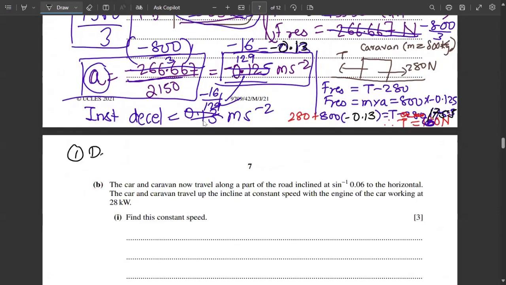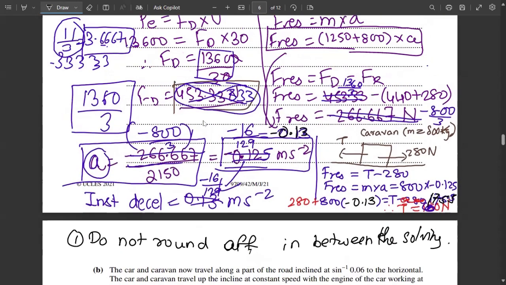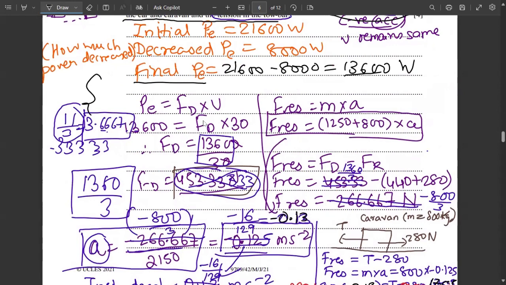First one is do not round off in between the solving. What does that mean? As you are solving, for example, you get FD as 1360 upon 3. So 1360 upon 3 cannot be further simplified.